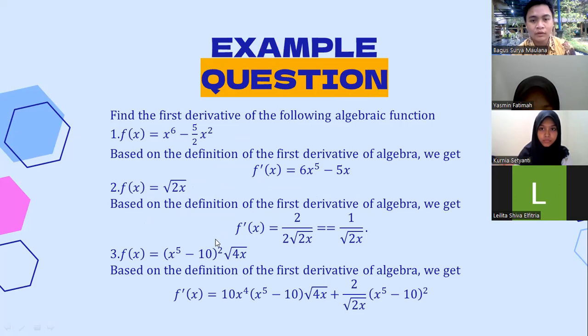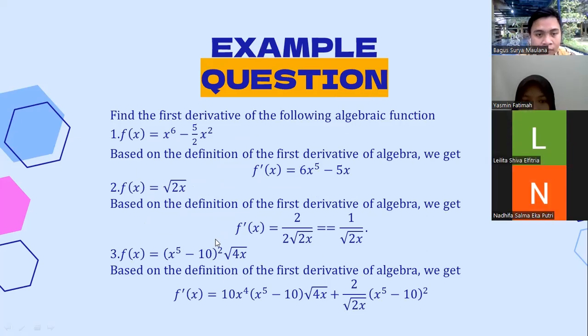Okay, this is an example. Find the first derivative of the following algebraic function: f(x) = x to the power of 6 minus 5 over 2x squared. Based on the definition of the first derivative of algebra, we get f'(x) equal to 6 times x to the power of 5 minus 5x.